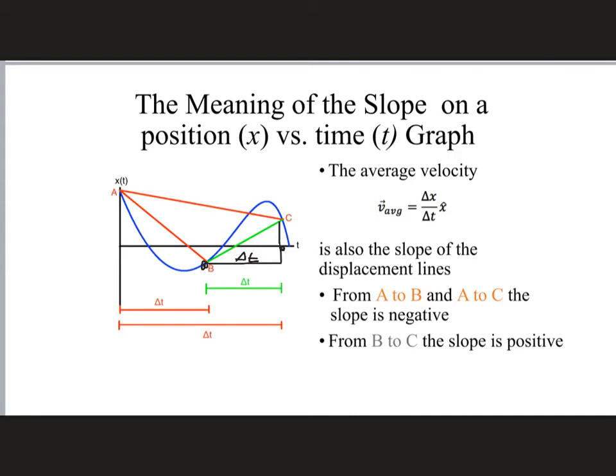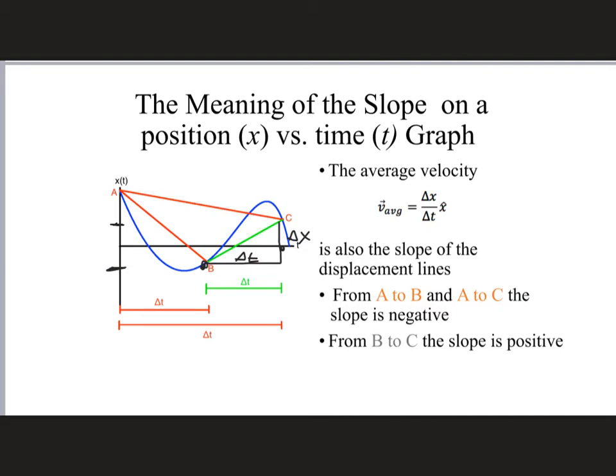This here would be my delta x, and so this value here would be my starting position, and if I take this C value here and go directly across, I could mark right there, that would be my final position, more or less. I could see that there's a delta x from my starting point to my ending point, just as there's a delta t.